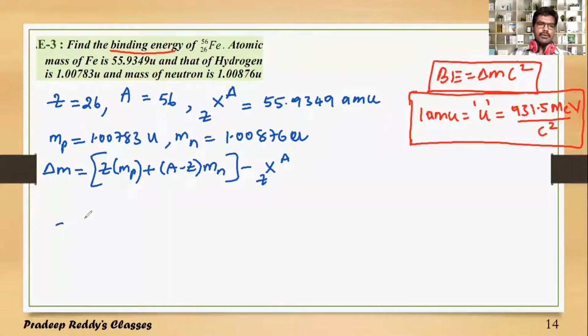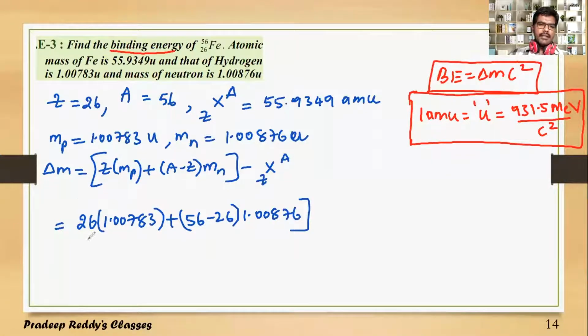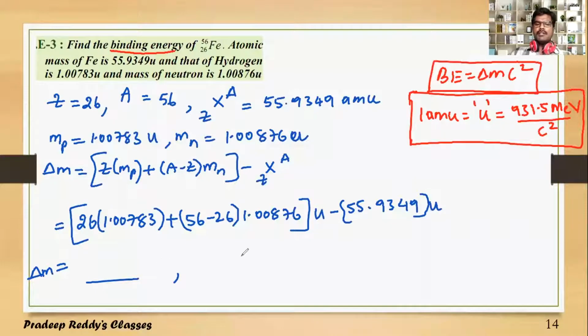This is equal to 26 into mass of the proton, 1.00783 AMU, plus (56 minus 26) into mass of the neutron, 1.00876 AMU, minus actual mass of the nucleus, 55.9349 AMU. You should calculate this so that you will be getting delta M, and this is in atomic mass unit.